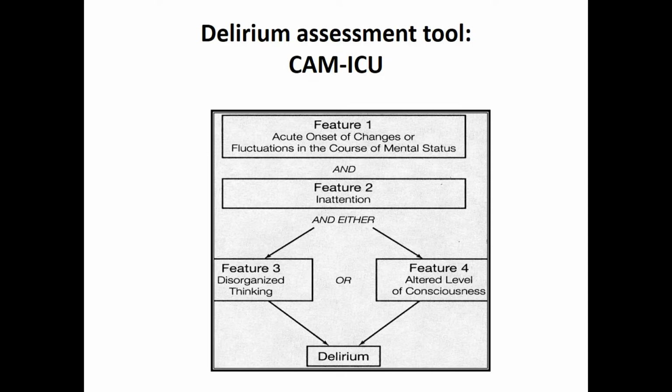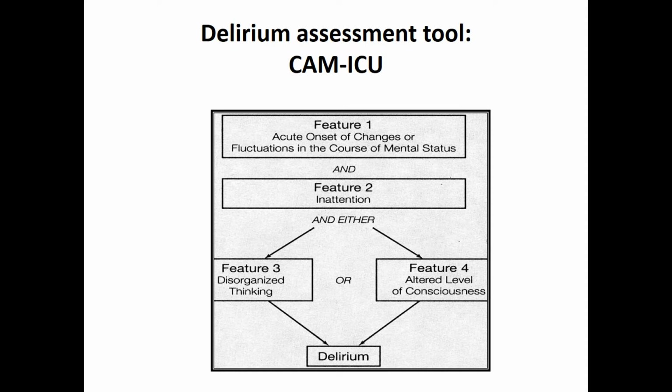And you can see that features 1 and 2 here are essential features of delirium. In other words, in order to have that diagnosis, you have to have an acute onset of change or fluctuation in the course of mental status that occurs within just a few days, and inattention.